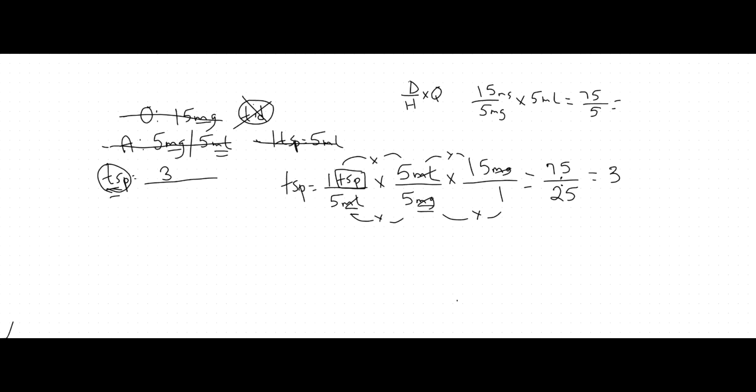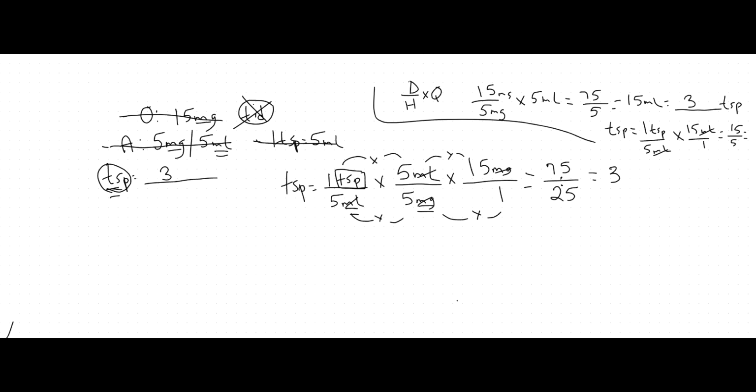So this would be 15 milliliters. And then you would have to change those milliliters to teaspoons to get the final answer. So we would have 1 teaspoon equals 5 mL times 15 mL. And then when we cancel these out, we'd get 15 divided by 5, which would give us our 3. So either way is correct.